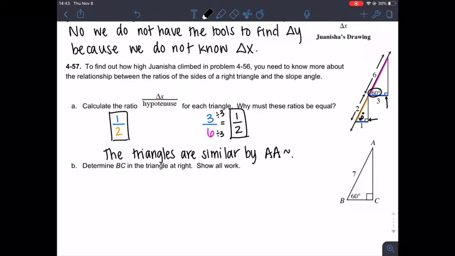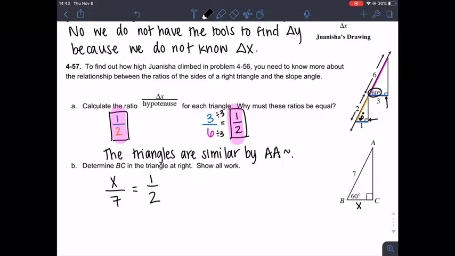and I can solve for our missing side, for side BC right here, by solving that proportion by cross multiplying. So the proportion, our change in x over the hypotenuse, so x over 7 for this triangle here, equals the ratio that we got for the other ones, 1 over 2.